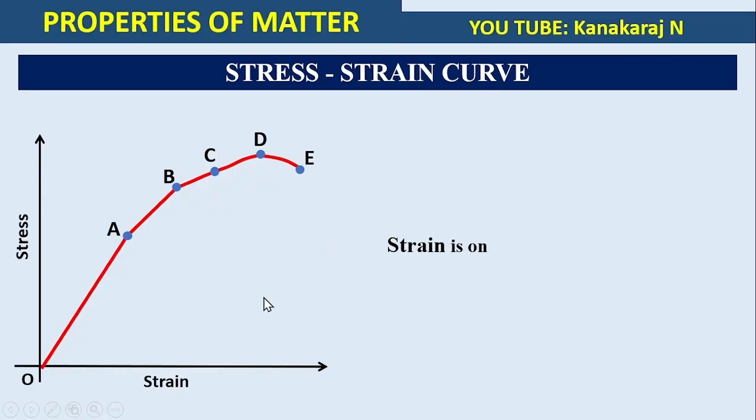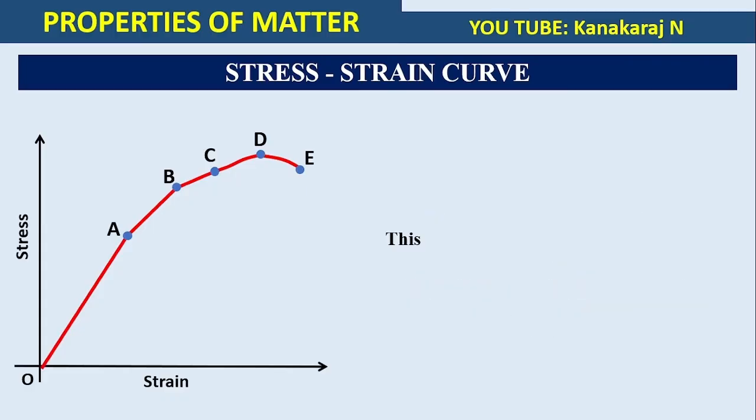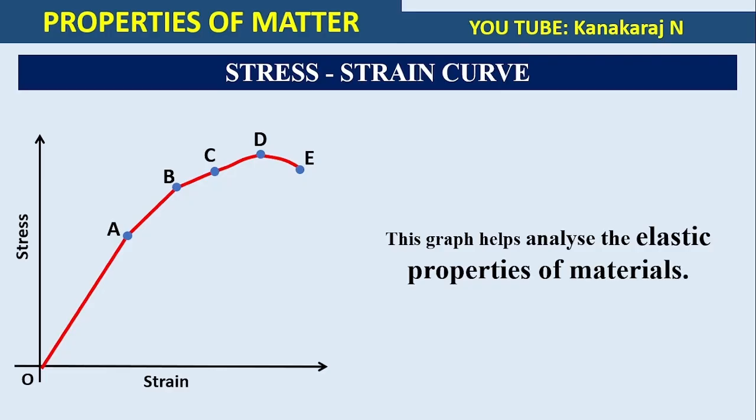The strain is on the x-axis, whereas the stress is on the y-axis. The stress-strain curve is a graph that shows how stress and strain change with each load. This graph helps analyze the elastic property of the materials.